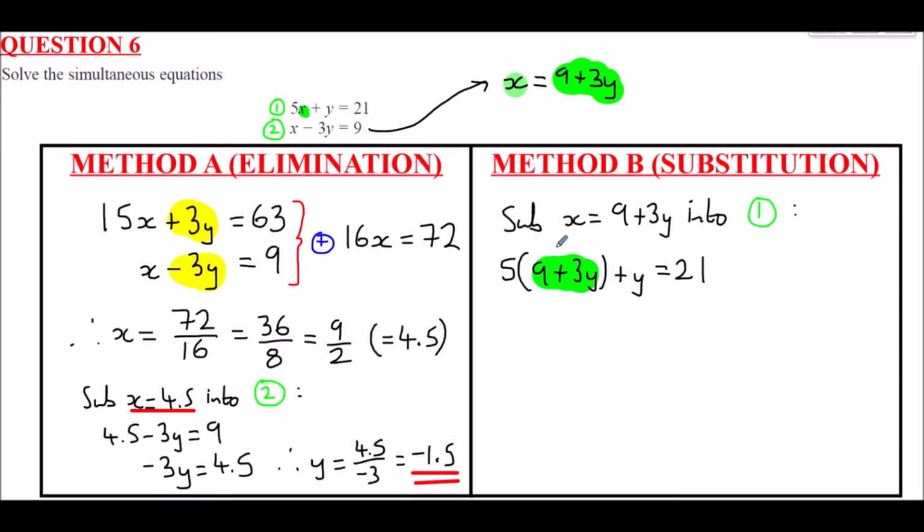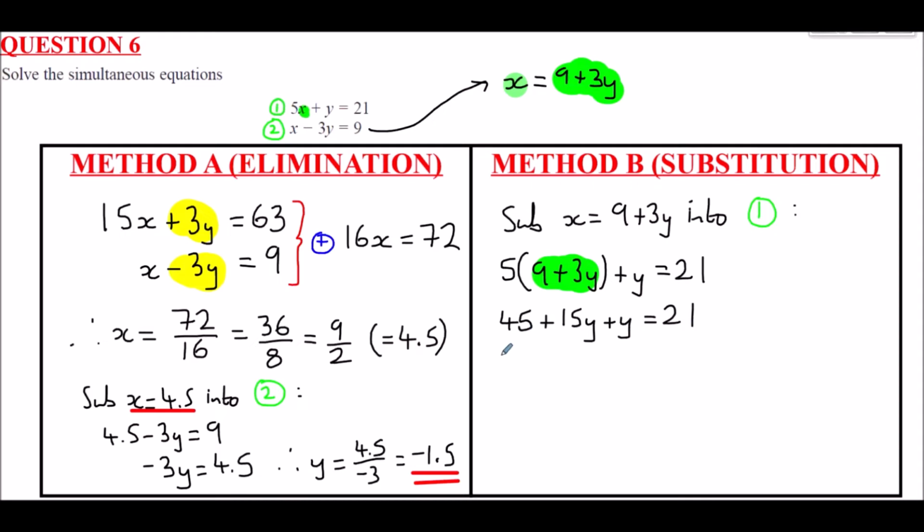So next, if I expand this out, 5 times 9 is 45. 5 times 3y is 15y, and plus y, equals 21.